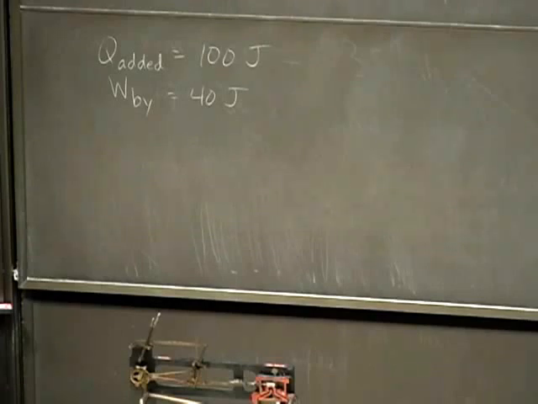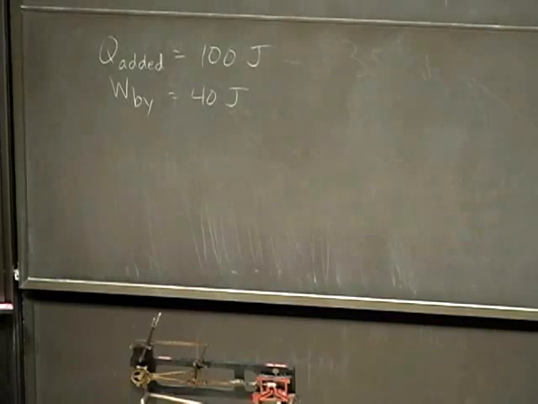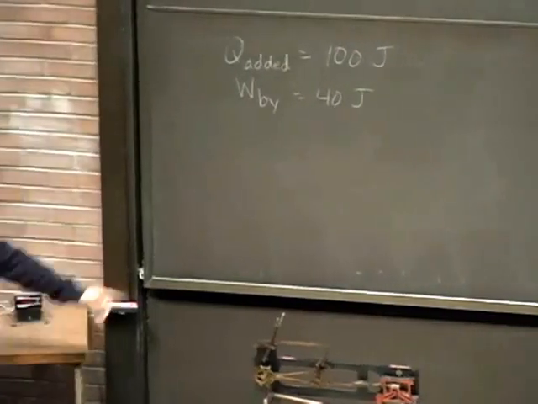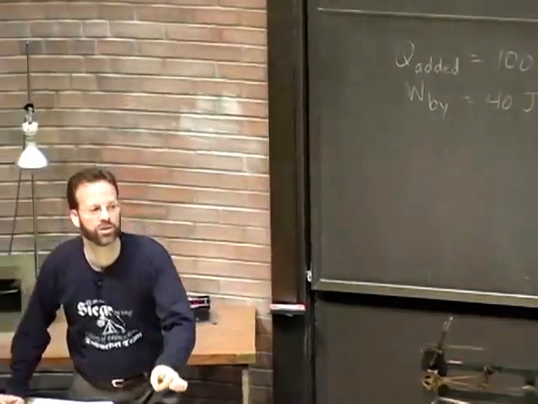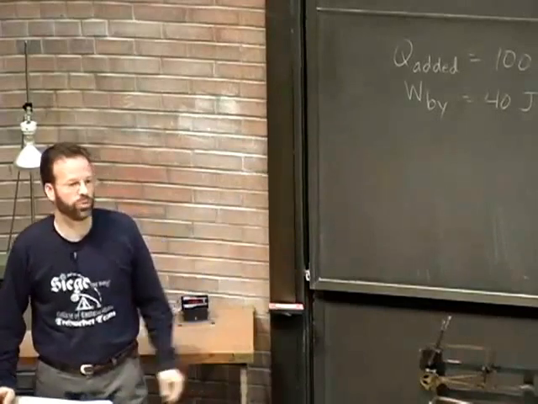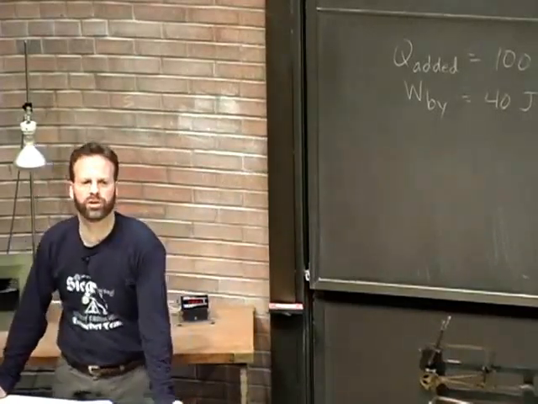Yeah, it increased by 60 joules. It must. That's the first law of thermodynamics. You can be given any two and get the third. Let's say we did work on the system of 40 joules. What happened to the internal energy?